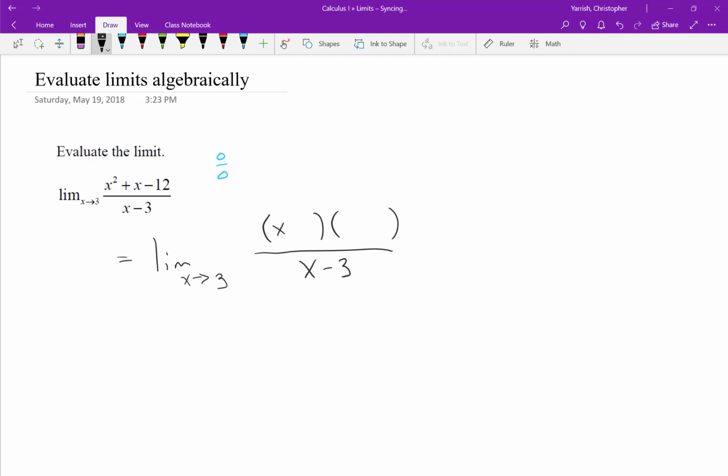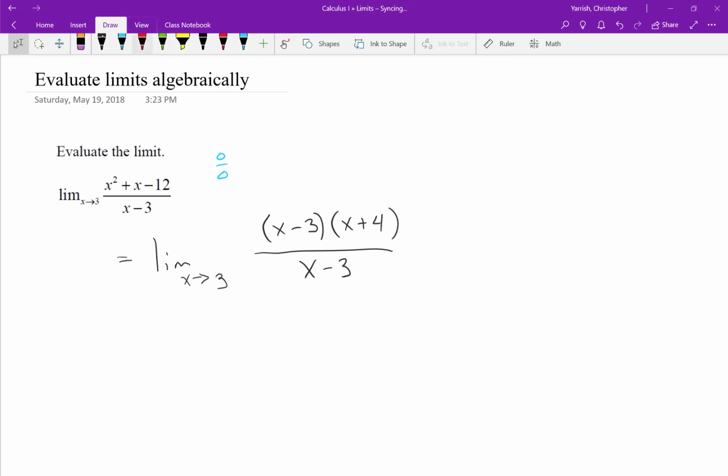So I'm thinking, there's my x squared. The only way I can get a -12 is if those signs are different. And I think that my numerator factors like that. Make sure you double check it. It works.